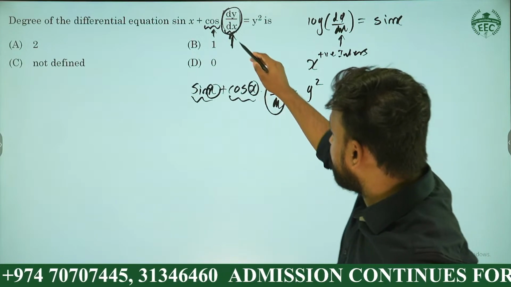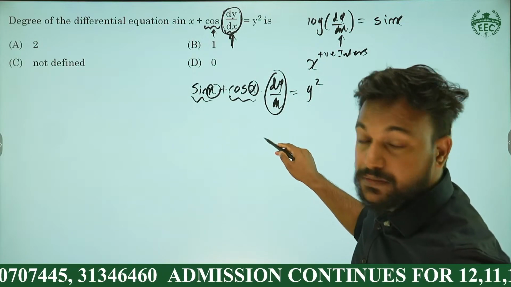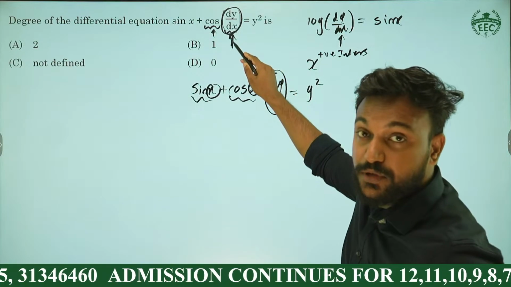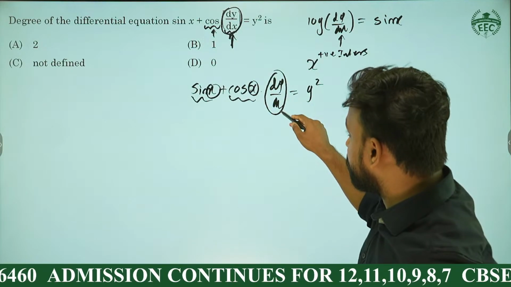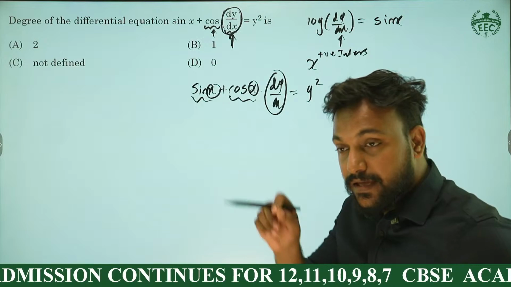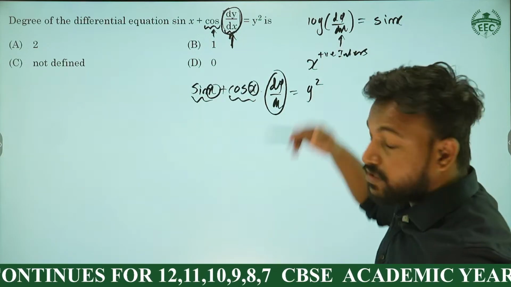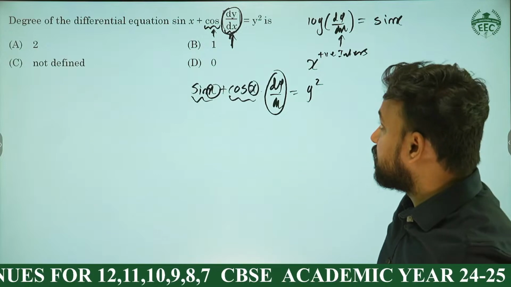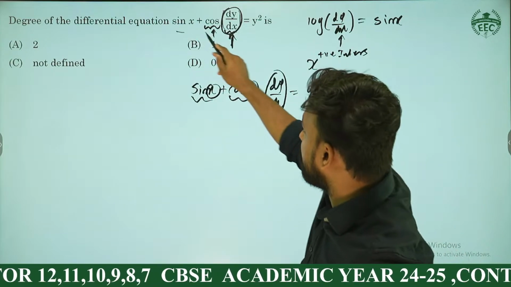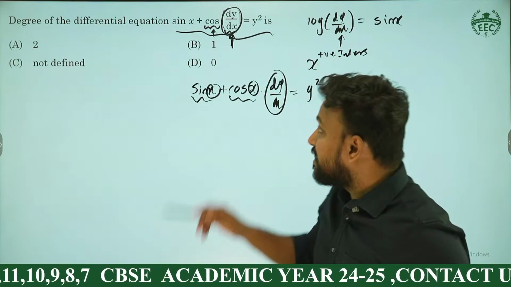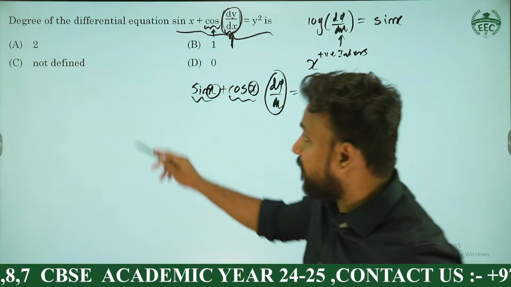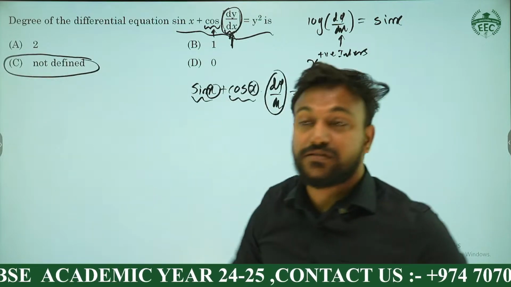But in our question, the derivative is inside a trigonometric function. It can be a logarithmic function, exponential function, whatever it is. So this is not a polynomial differential equation, therefore the degree is not defined and the answer is C, that is not defined.